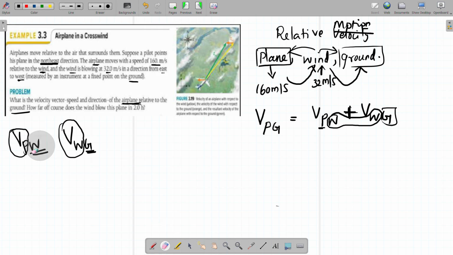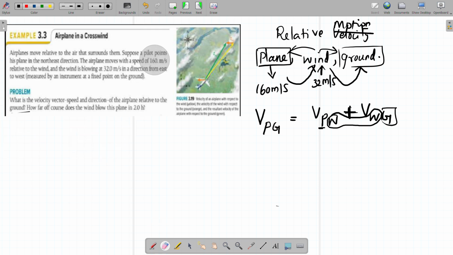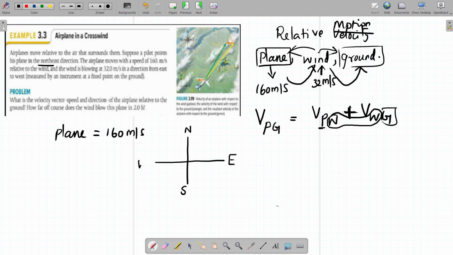Just follow. Here the speeds are given. First, the airplane speed. The plane speed is 160 meters per second, but it has a direction. The direction is northeast. You can see here north, south, east, west.